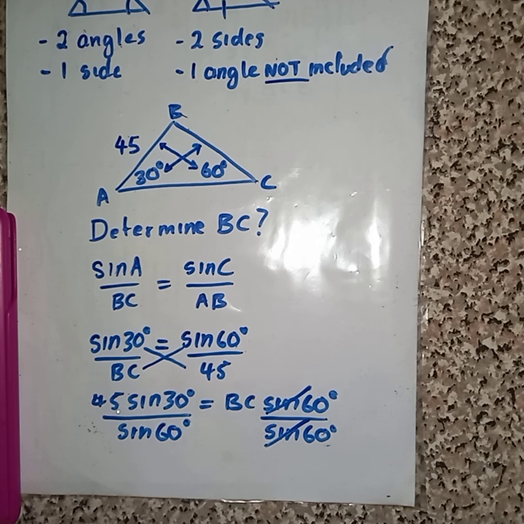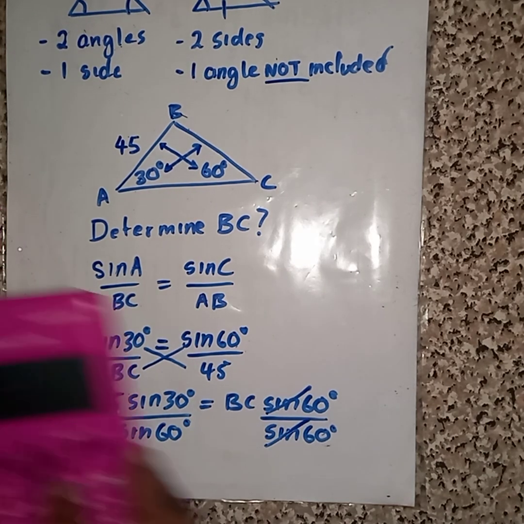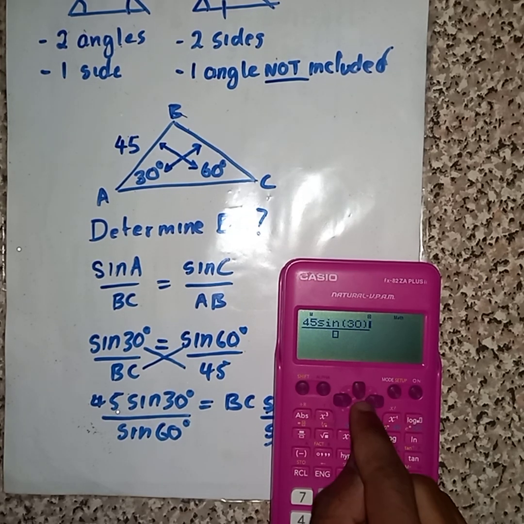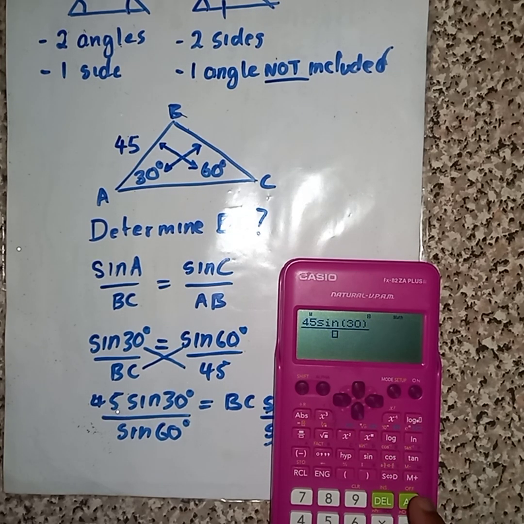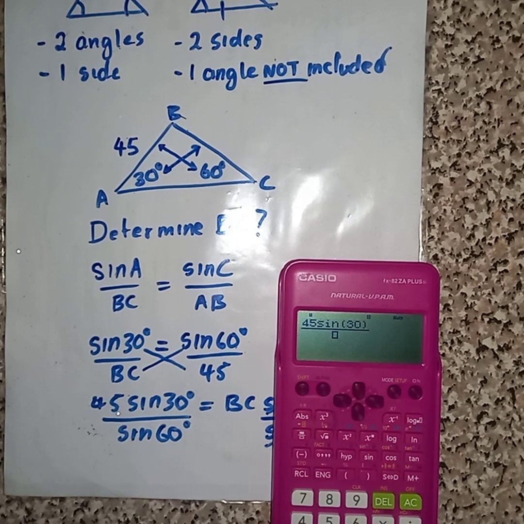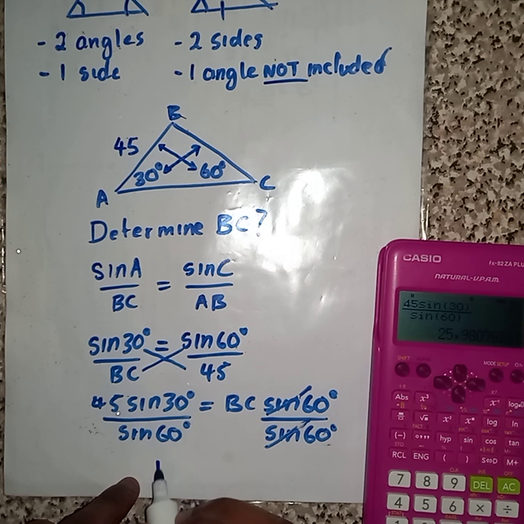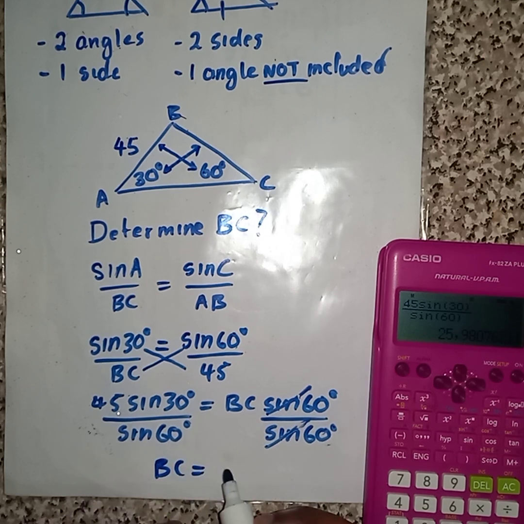Let us take our calculator. 45 sine 30 divided by sine of 60. We get 25.